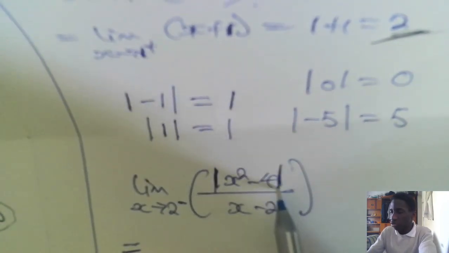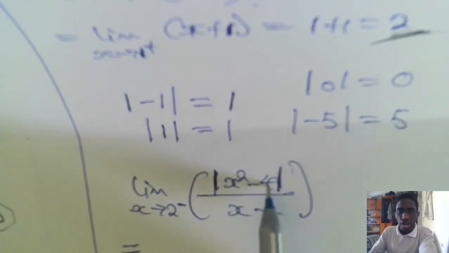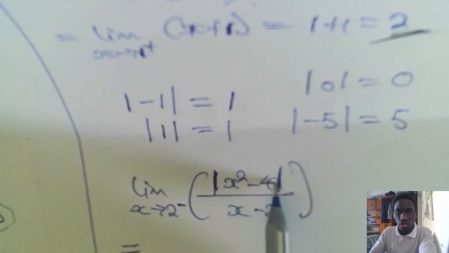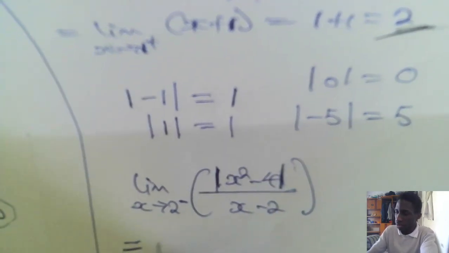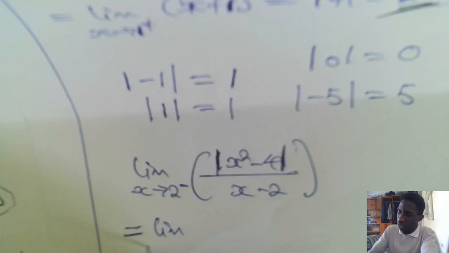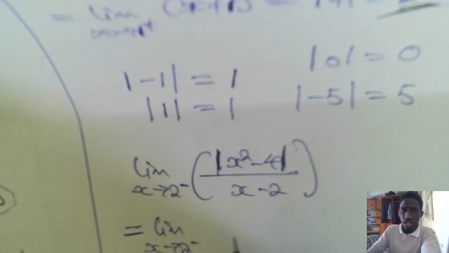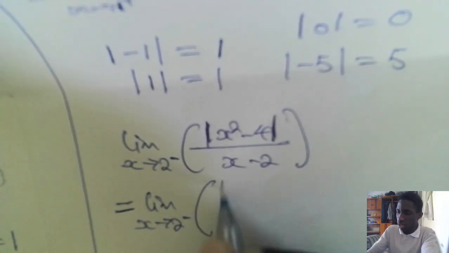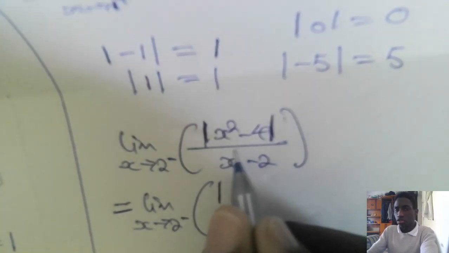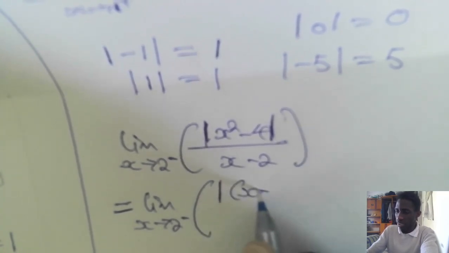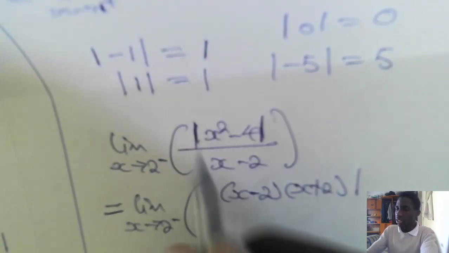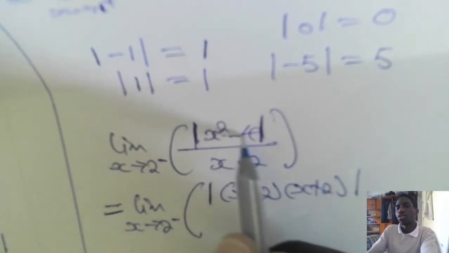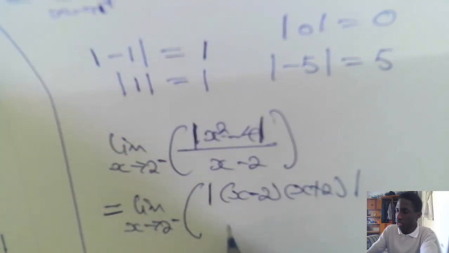In this absolute value, we have x squared minus 4. Now, we are going to simplify what we have in the absolute value function. So we have the limit as x approaches 2 from the left of, now this is the difference of two squares, right? x minus 2 times x plus 2. x squared minus 4, 4 is a perfect square.